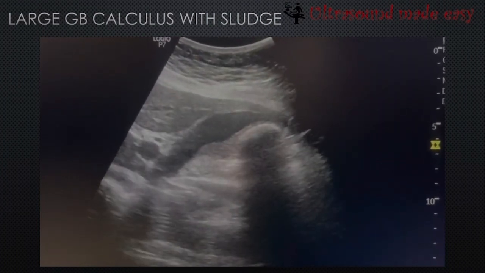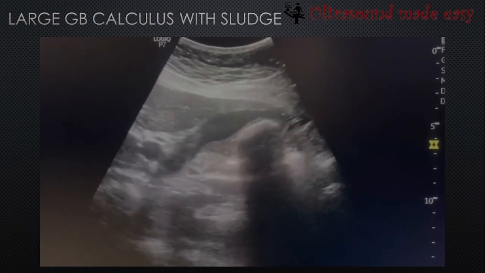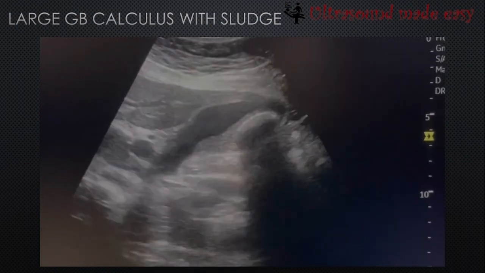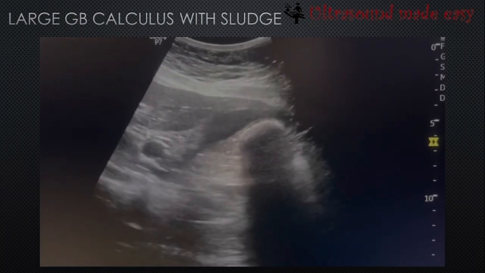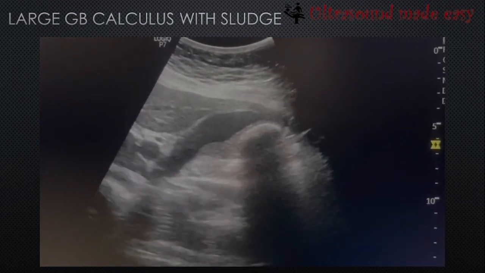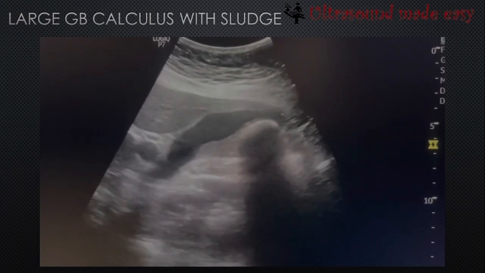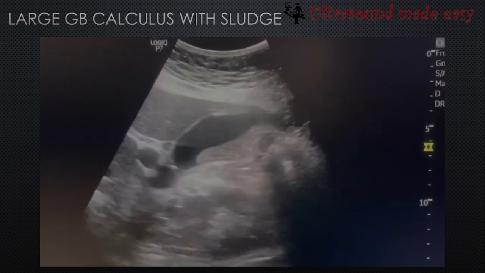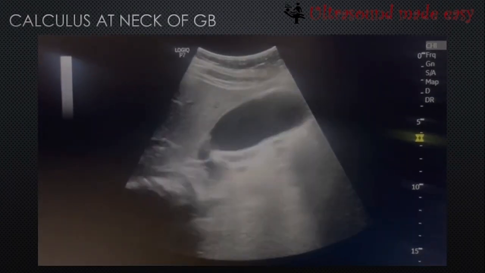Posterior acoustic shadow is very important whenever we define echogenic content present in the gallbladder, whether it is a stone or a polyp. Polyps we will discuss later; we will see the polyp cases also. So let's move on to the next case.